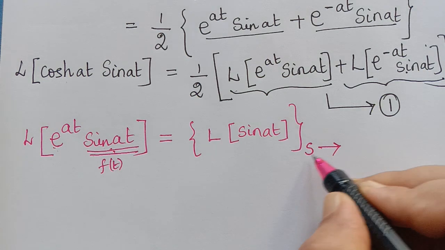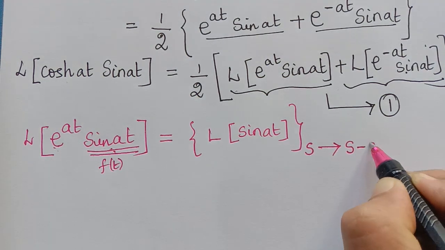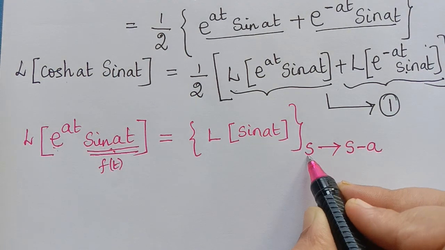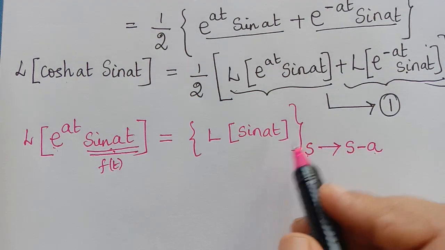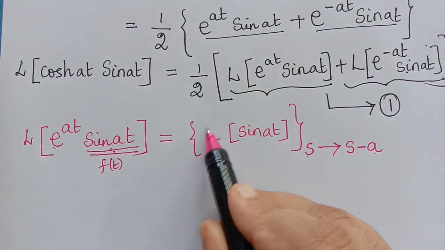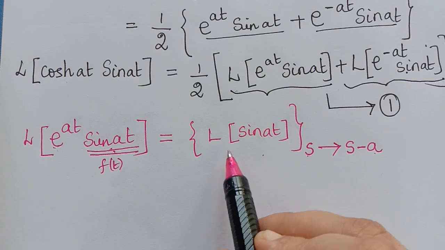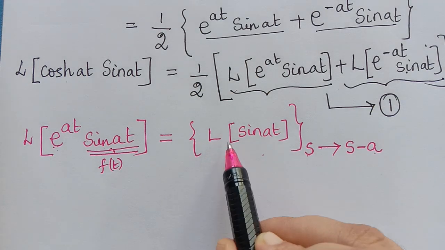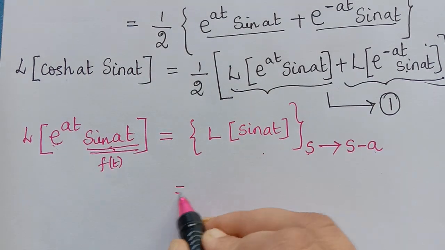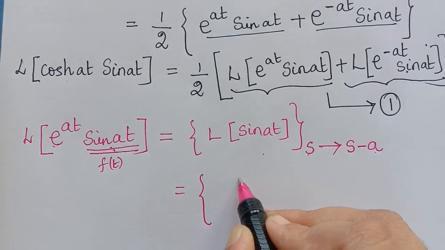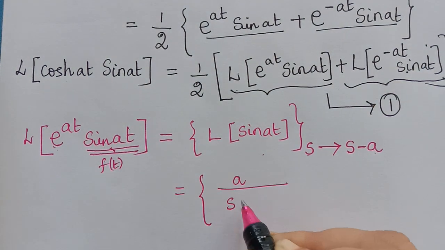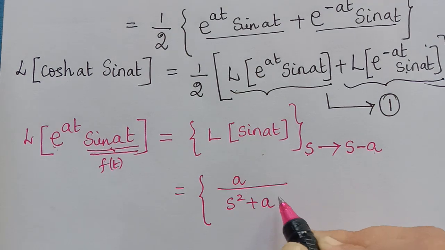So we have to shift s to s minus a, that is, we have to replace s by s minus a in the resulting answer of the Laplace transform of sin at. By the formula of the Laplace transform of sin at, we know that it is equal to a divided by s square plus a square.